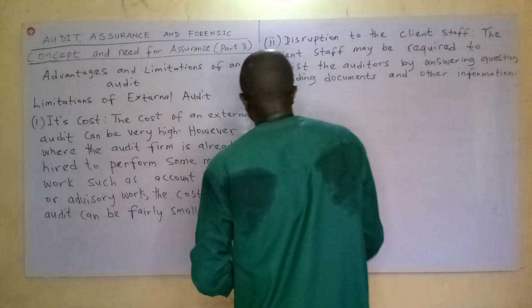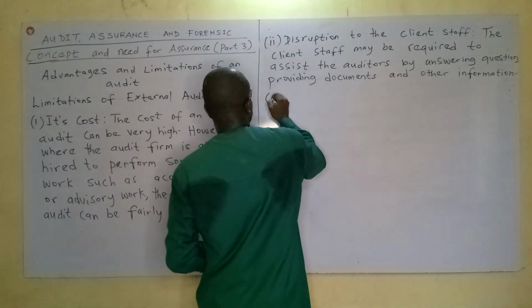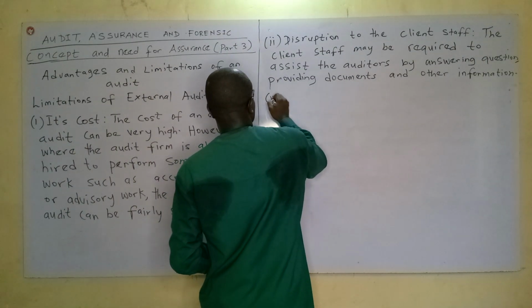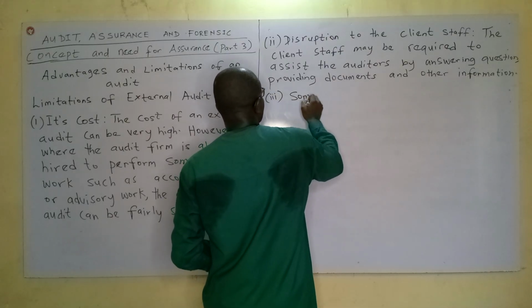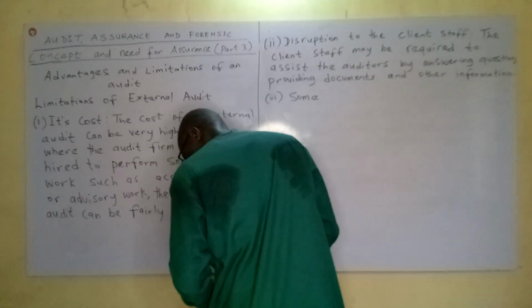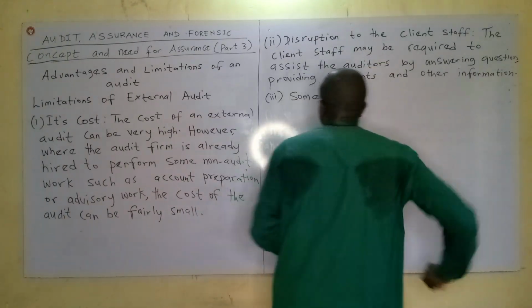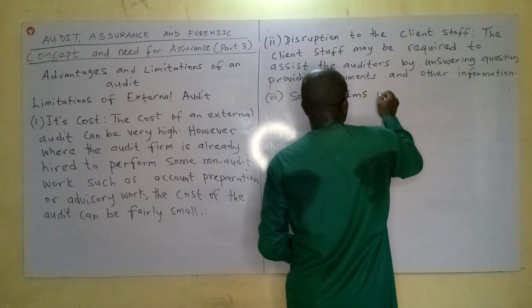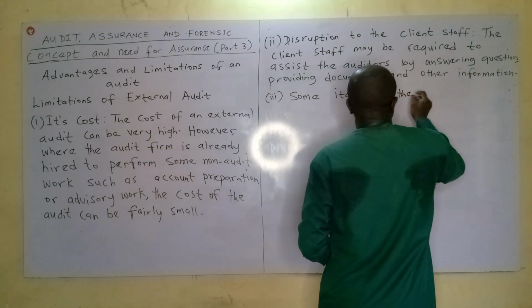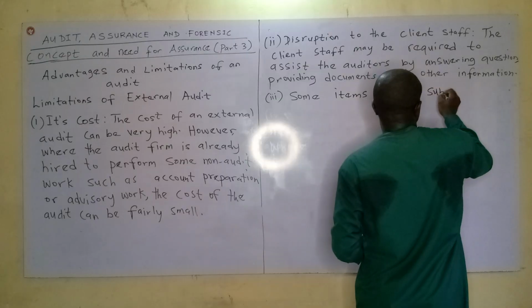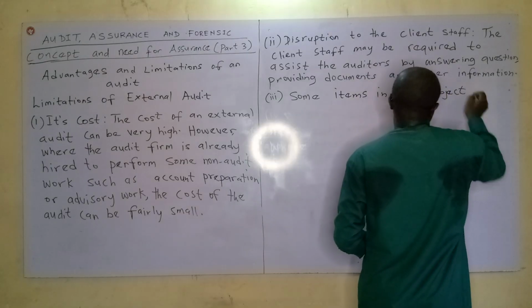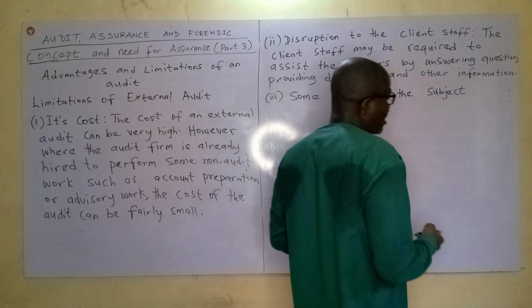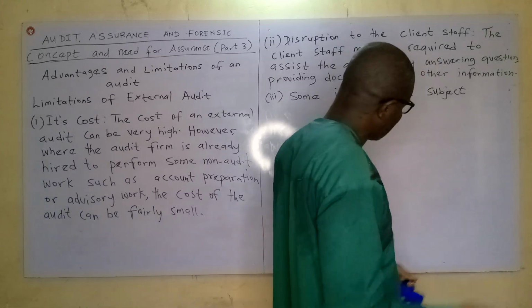And the third one is that some items in the subject matter. When I say subject matter, in the context of an external audit, it simply means the financial statement.